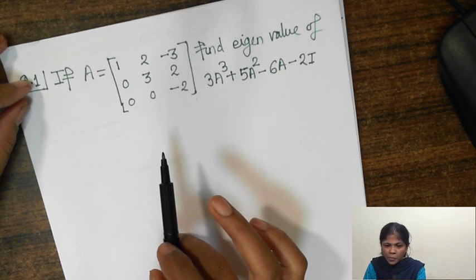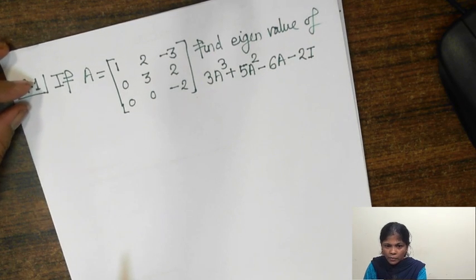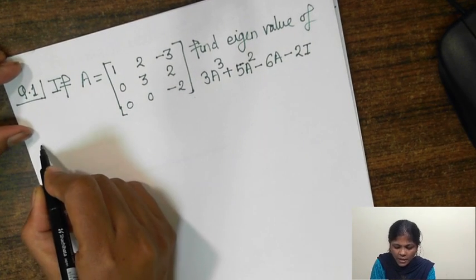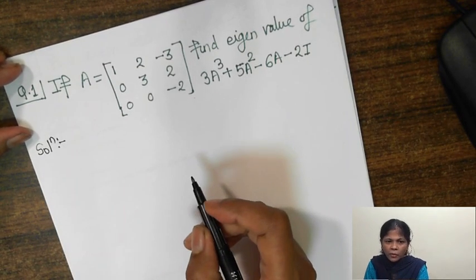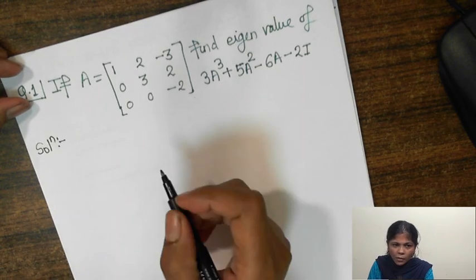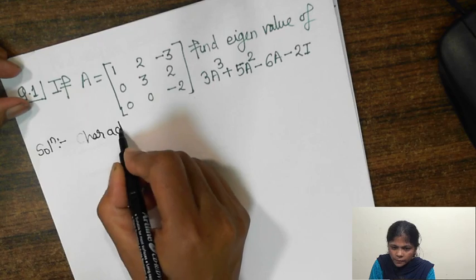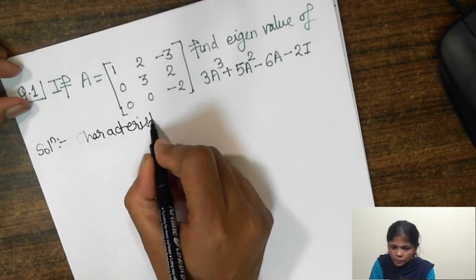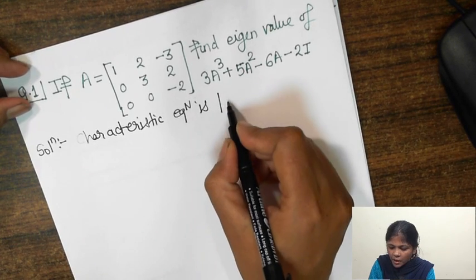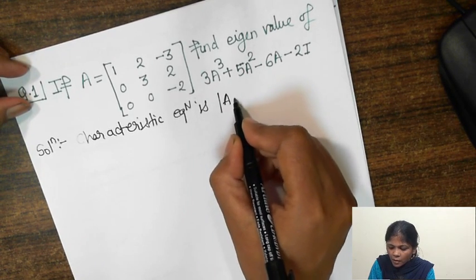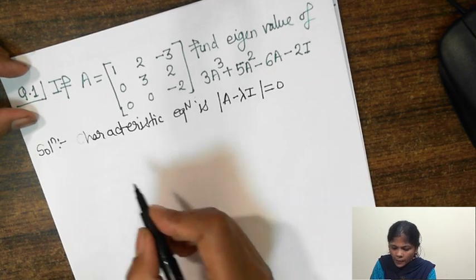Still, according to our procedure, let us find the eigenvalue as per the requirement of the university exams. In order to find the eigenvalue, we will have to write the characteristic equation. The characteristic equation is given by determinant of A minus lambda I equal to 0.